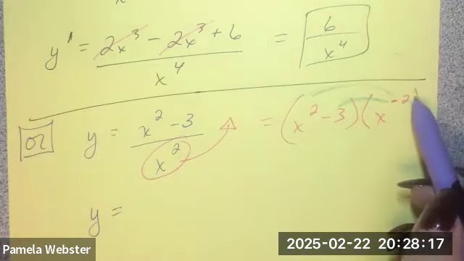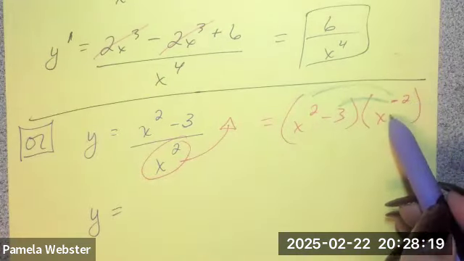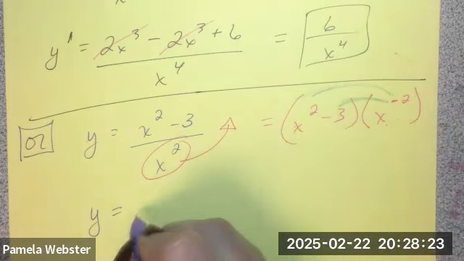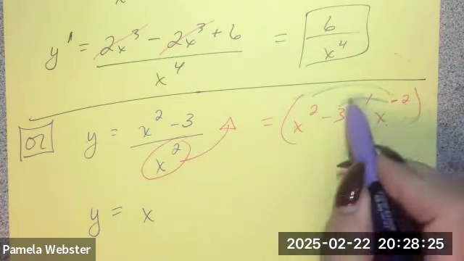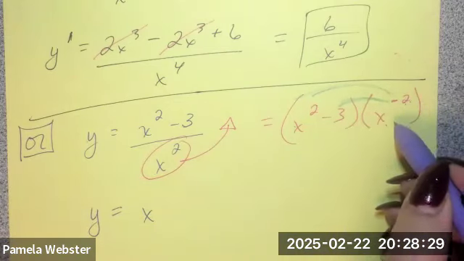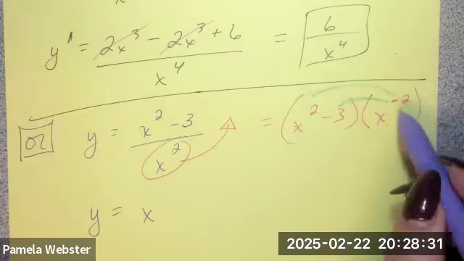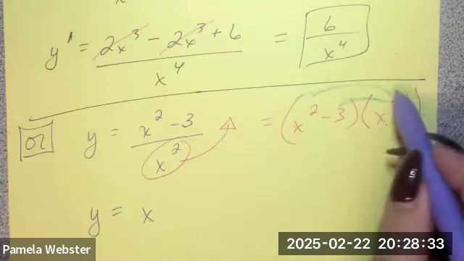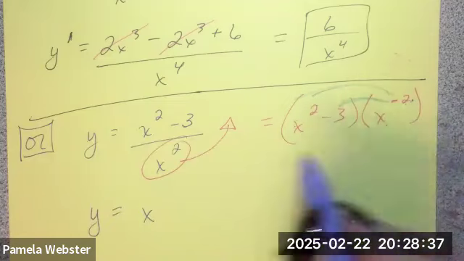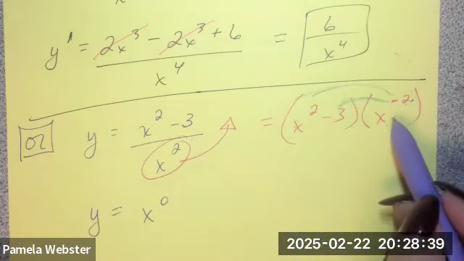And think to yourself, what's the rule whenever I'm multiplying like bases? I keep the base the same and I add the exponents, right? Okay. So keep the base the same, add the exponents. So a 2 and a negative 2, what's that? 0, right?